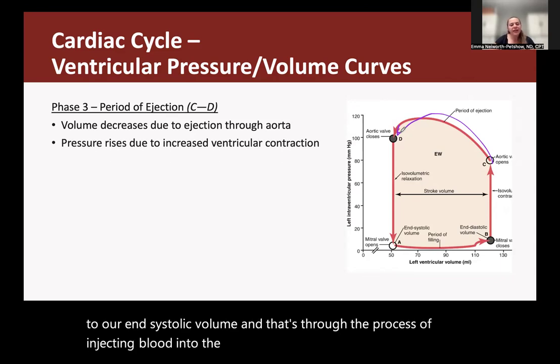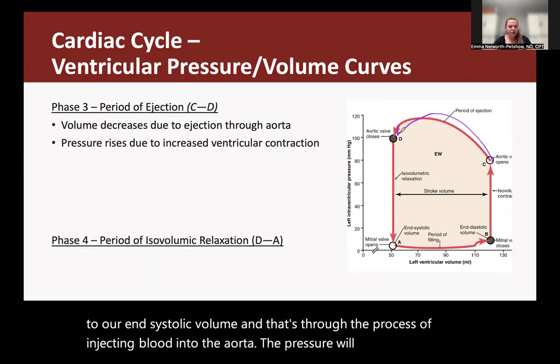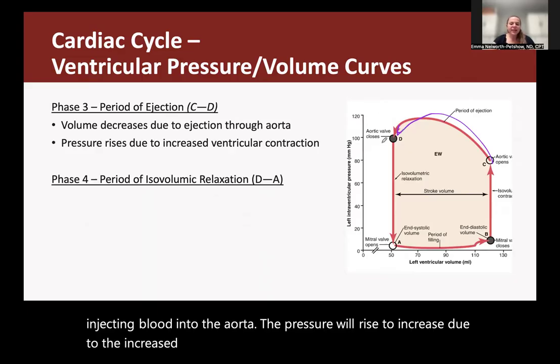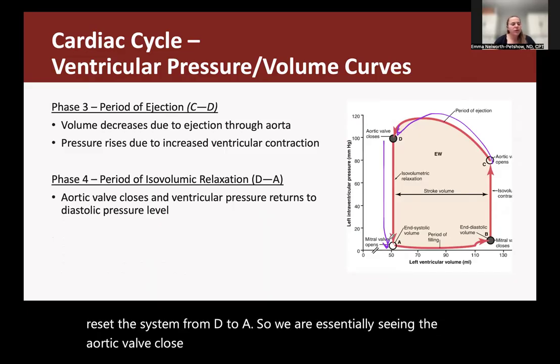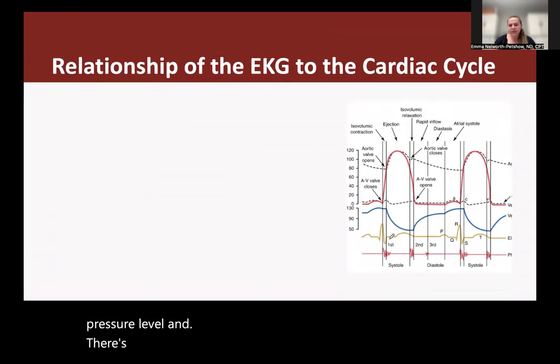The pressure will rise due to the increased ventricular contraction. And then lastly, we have to reset the system from D to A. So we are essentially seeing the aortic valve close, ventricular pressure returns to a diastolic pressure level, and there's no more volume changes.